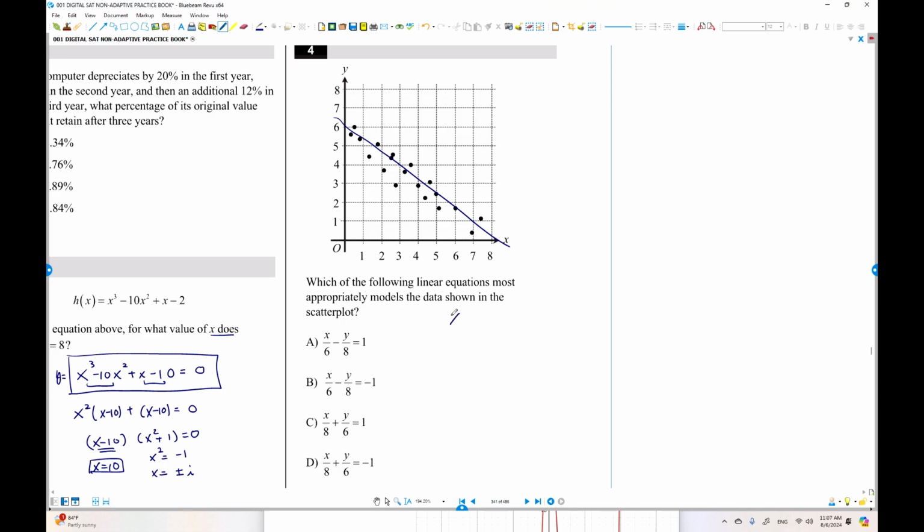That's the formula, right? x over a plus y over b equals 1. That is intercept form. But this a is what? x-intercept around 8. b is what? y-intercept around 6. So x over 8 plus y over 6 equals 1 is the answer, okay? So choice C is the answer.